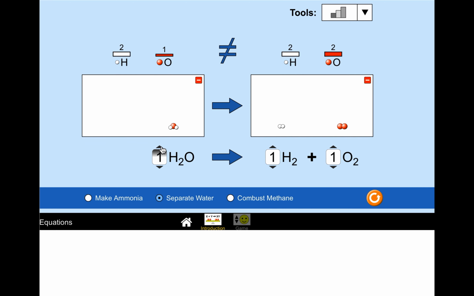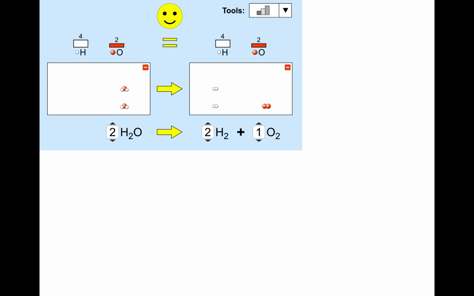Currently not balanced. If we manipulate the coefficients, we can get the smiley face. This is the one that led to the smiley face. So notice that we're manipulating the coefficients, we're not manipulating the subscripts when we seek to balance the reaction.